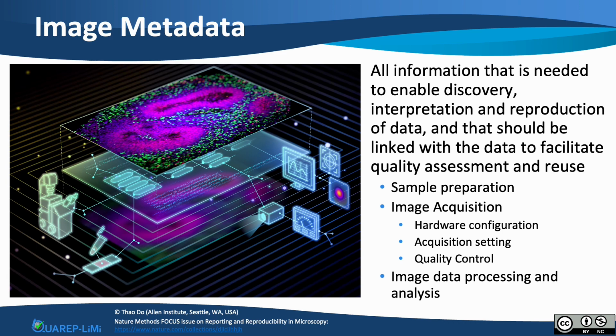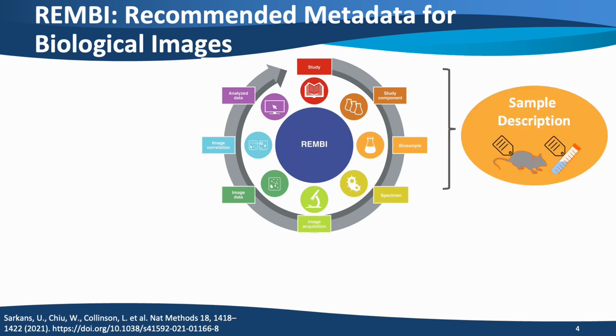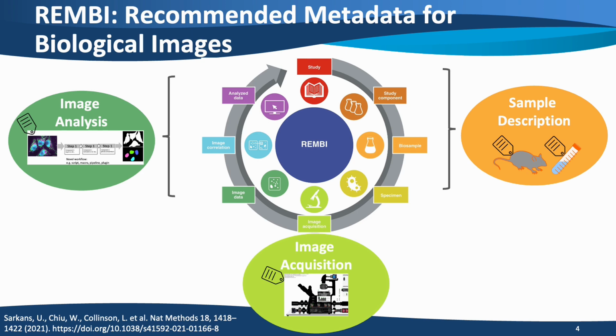Now, when we think about how to record this metadata, some guidelines already exist. These are namely the REMBI guidelines, or the recommended metadata for biological images. They capture different components of the metadata, including those pertaining to sample description, image acquisition, as well as image analysis.